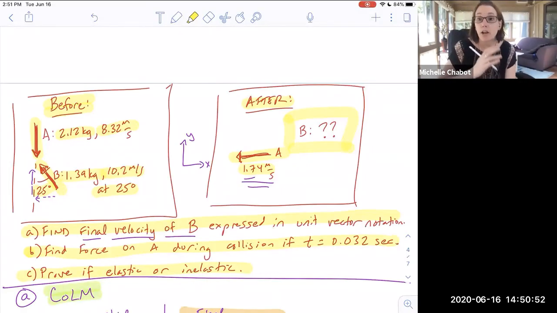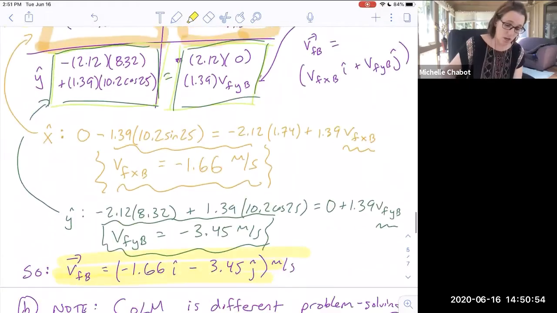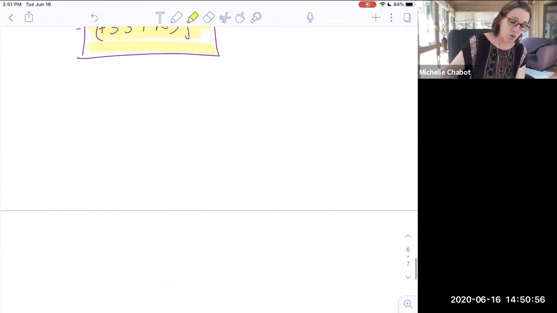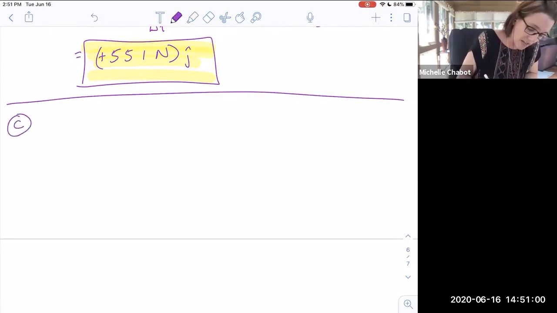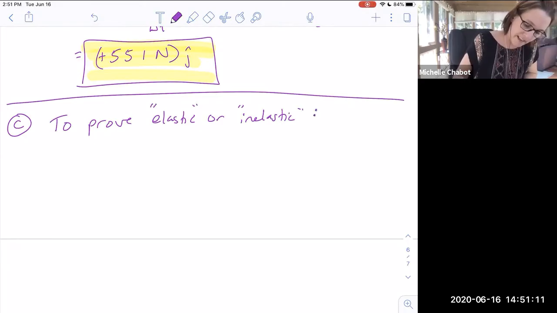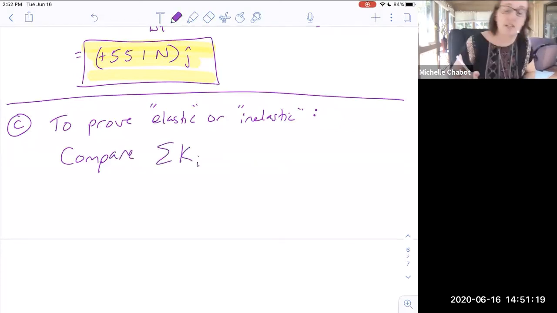So we need to compare the total kinetic energy initially to the final kinetic energy. So for part C, to prove elastic or inelastic, compare the sum of all the initial kinetic energies.